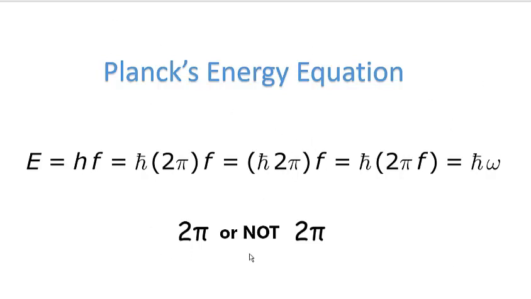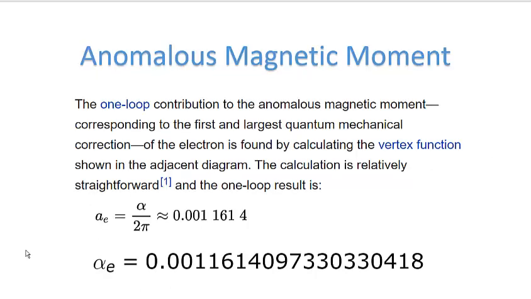So 2 pi or not 2 pi, think of 2 pi as a hot potato. When I use non-reduced Planck's constant, it's got the hot potato, and so I have to reduce alpha by that hot potato. And so the anomalous magnetic moment and alpha are actually one and the same thing.